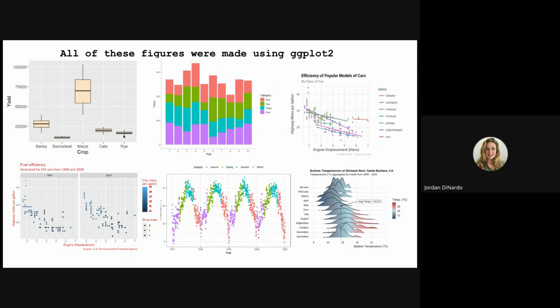And then finally, what's called a ridge plot. This is a really powerful and very informative figure that's showing the distribution of bottom temperature across months. We're able to see the distribution within each month, and the use of color is just another way to indicate temperature, to make it easier on us to view temperature here.